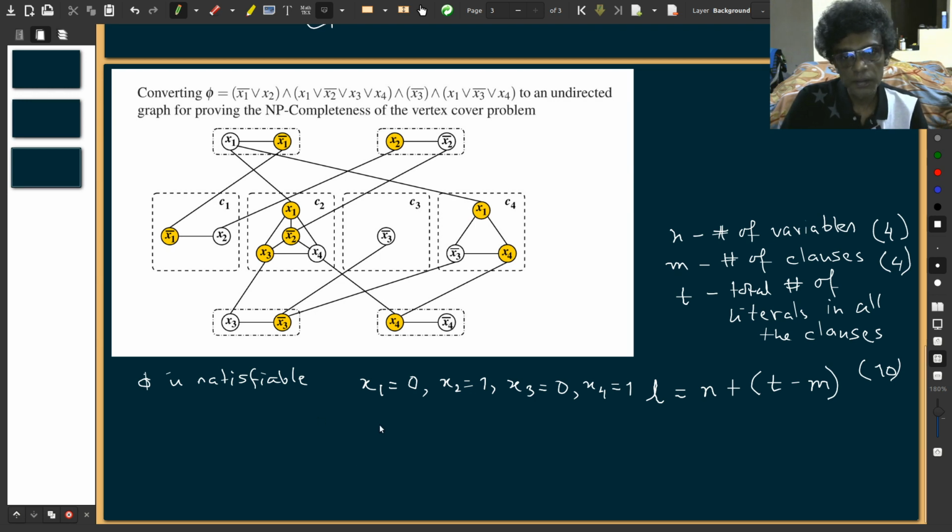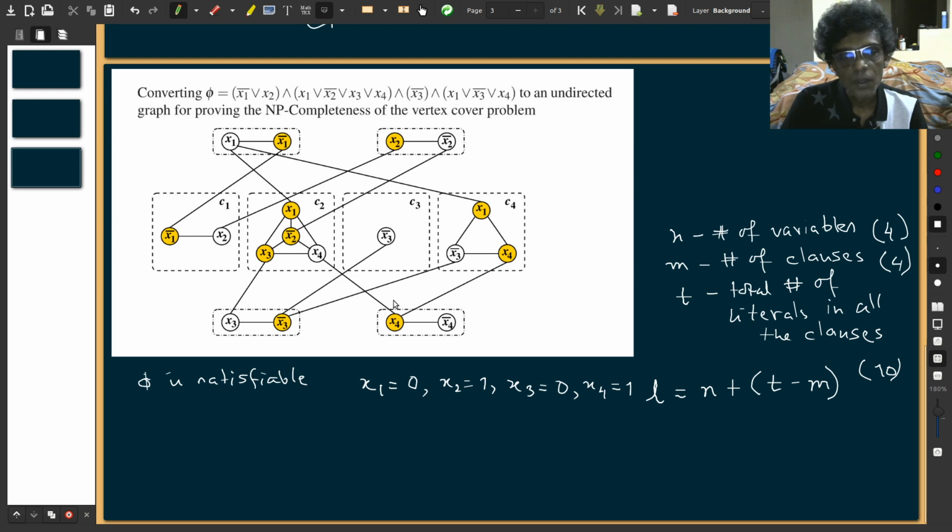Now, since this assignment satisfies phi, each clause gadget has at least one true literal. Here it is x2, here it is x4. x4 is 1, x2 is 1. Here is x3 complement. x3 complement is 1. And here it is x3 complement again. x3 complement is 1.